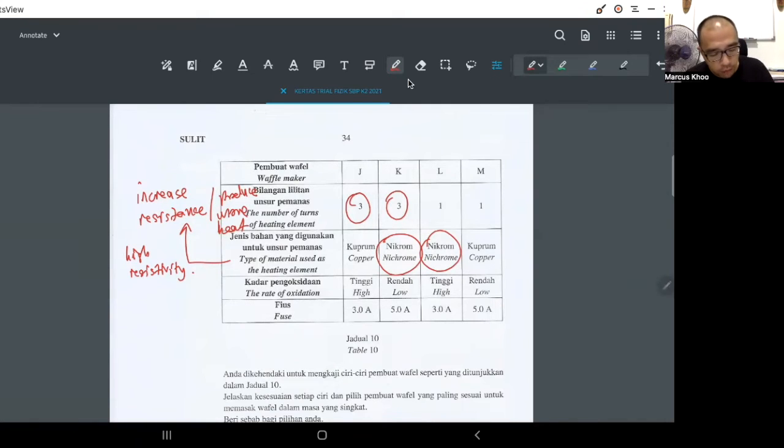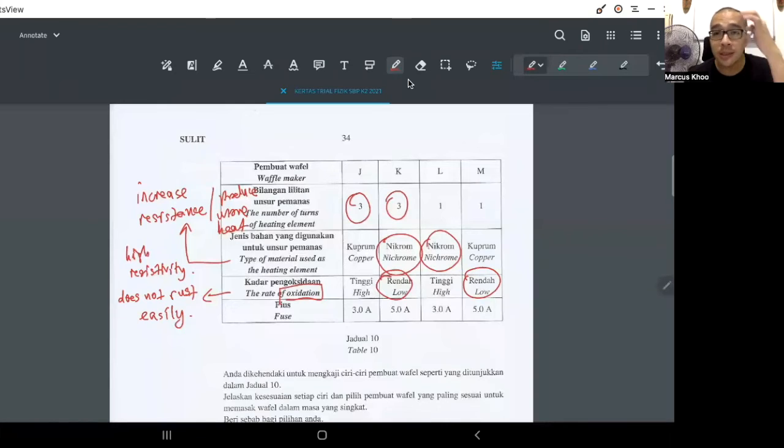Rate of oxidation. Oxidation is a chemistry term which talks about rusting. So do you want a high rate of rusting or a low rate of rusting? Obviously, you want a low rate of rusting. Why would you want something to rust a lot? So you want a low rate of oxidation so that it does not rust easily.